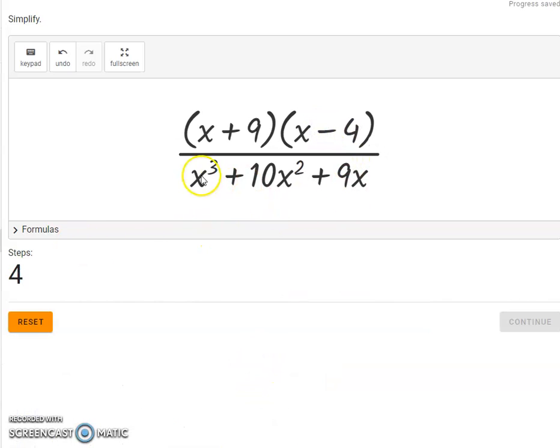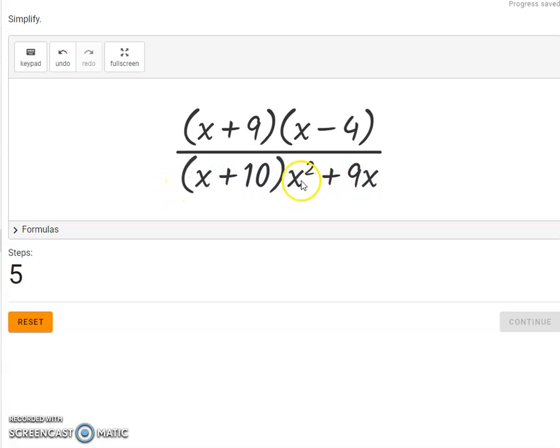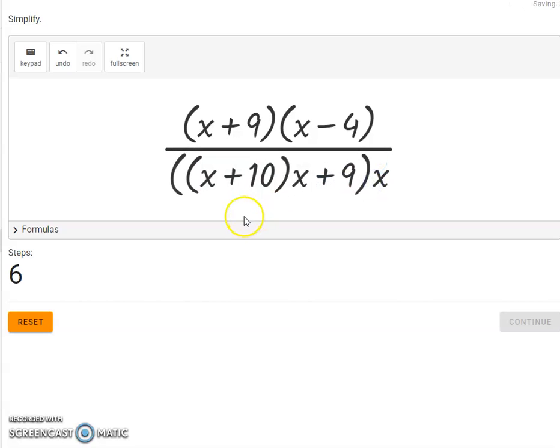In the denominator, I have a factor of x in each term. Again, this is where I'm talking about going from the smallest to the largest. If I factor it out, the set of parentheses in here is simplified by putting the x inside of it.